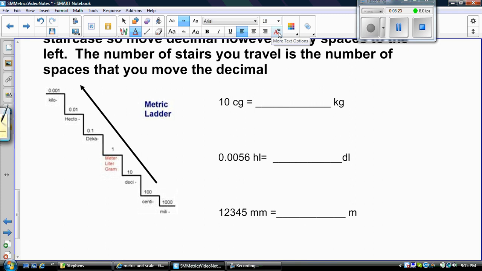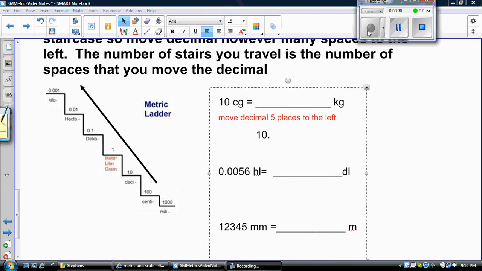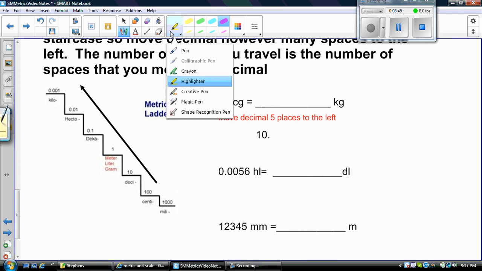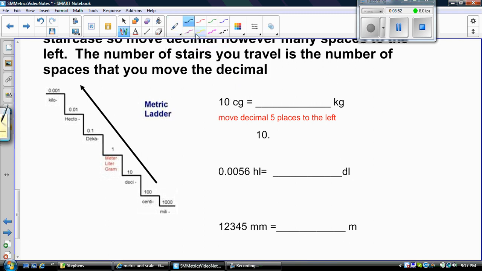Okay, so let's take a look at how that works. In this first example, I'm going to move my decimal 5 places to the left. If it's just 10, the decimal is always at the end of the number. So here we go: 1, 2, 3, 4, 5.